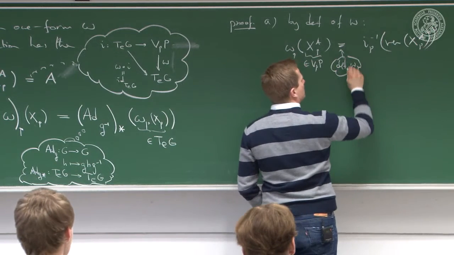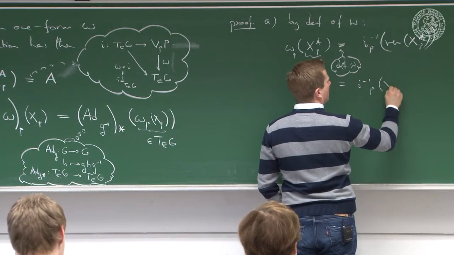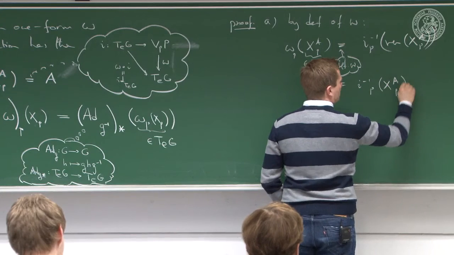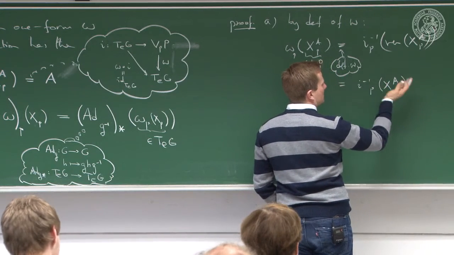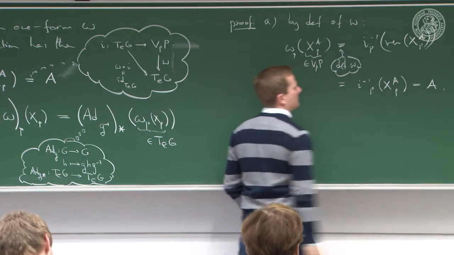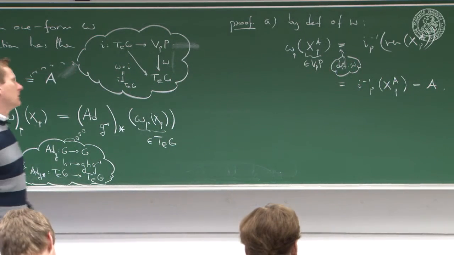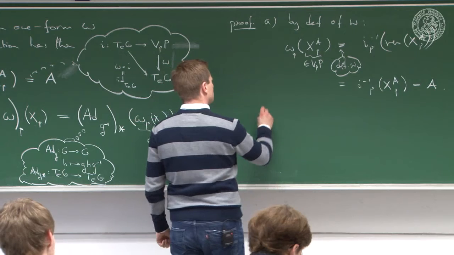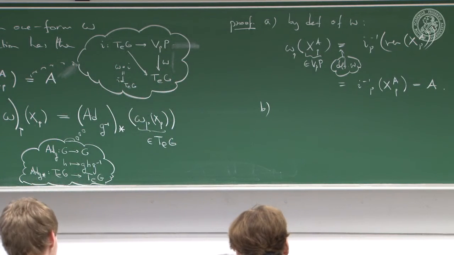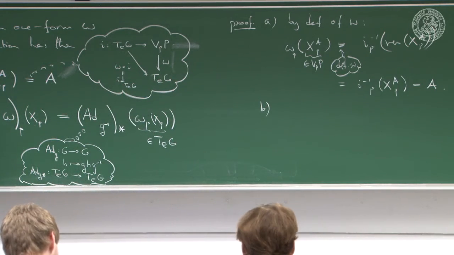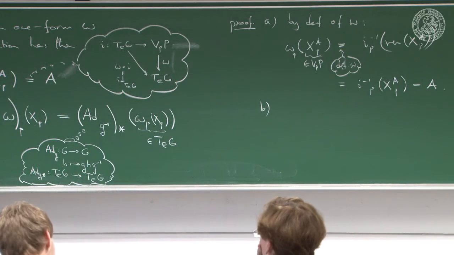But this already is a vertical vector, so it's I inverse at p of XA at p, but the I took the A to the XA, so the I inverse takes this back to the A. So this is immediate from the definition of omega. That's A. Of course here we're now assuming that the HP choice and so on has the properties of a connection.